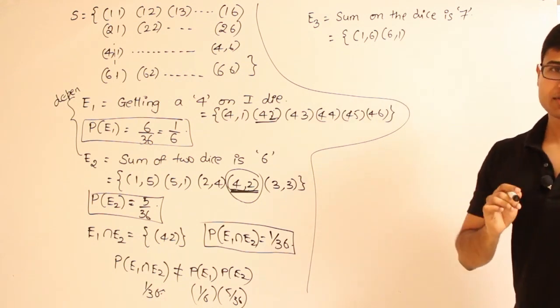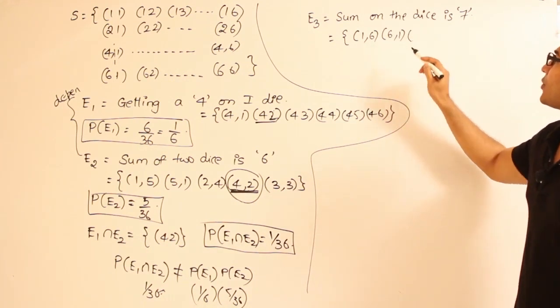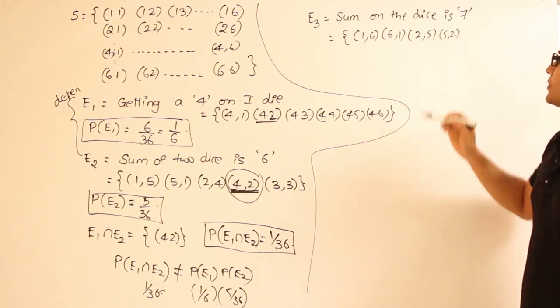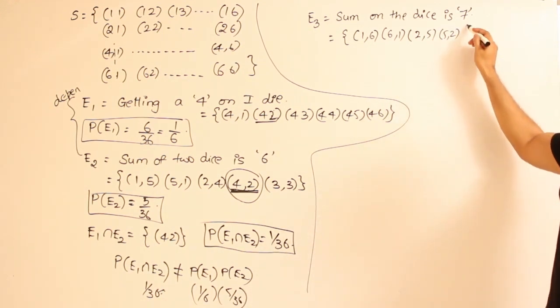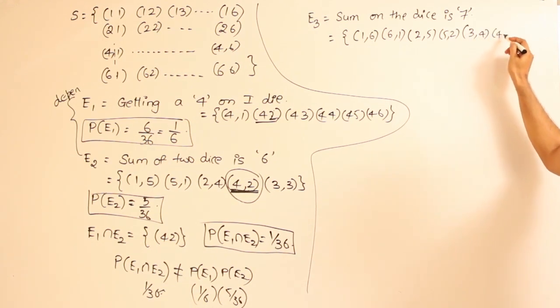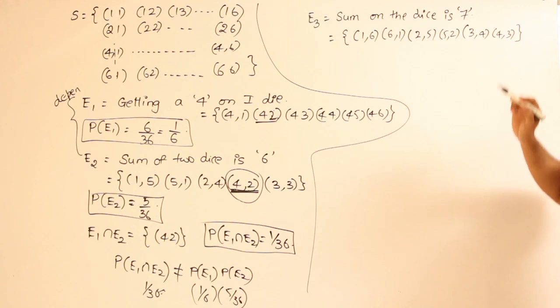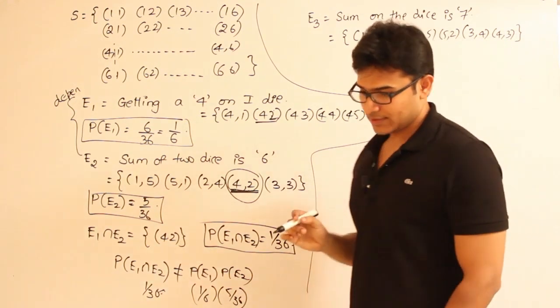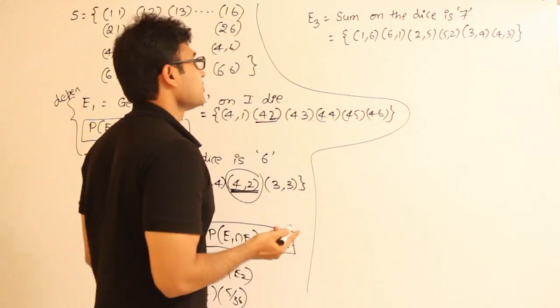This is going to give us a sum of 7, and the other possibility is (2,5) and (5,2), right? And the other possibility is (3,4) and (4,3). Got it? So these are all the possibilities.